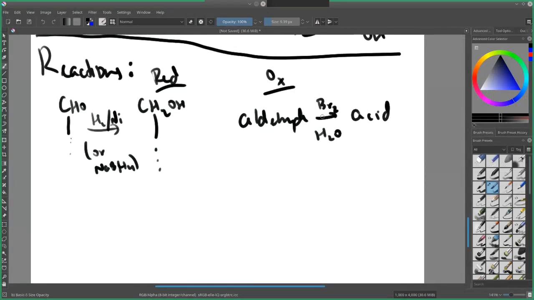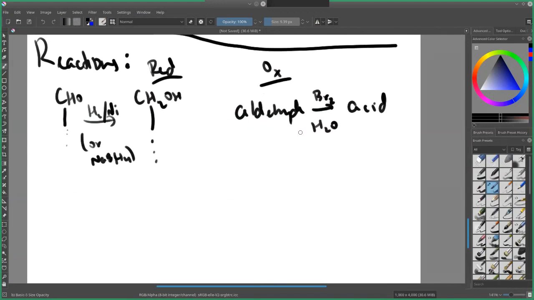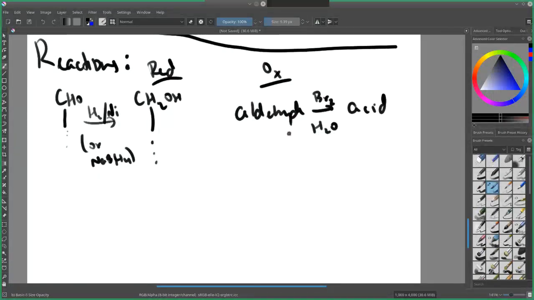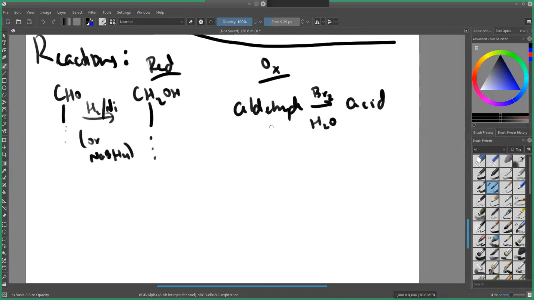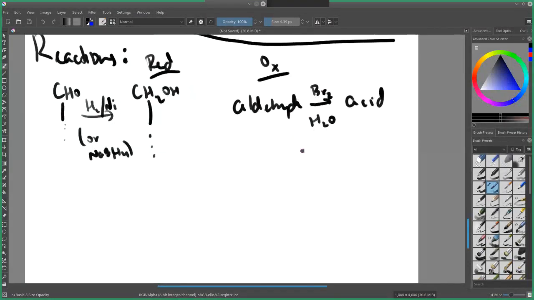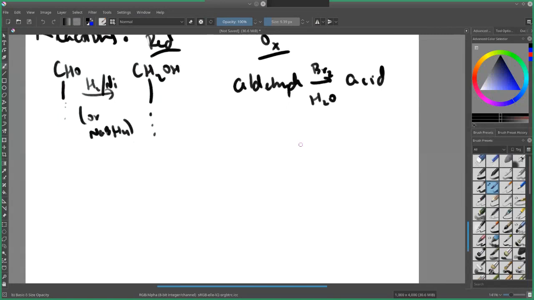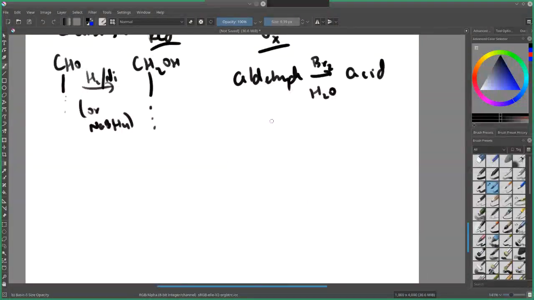Even though you don't normally think of it as one, bromine does oxidize things, especially when it adds across double bonds, for example. That's an oxidation using bromine. It's just in a weird form. But here you can use bromine to oxidize something into an acid straight away. Okay. And this is not too harsh of a reaction.